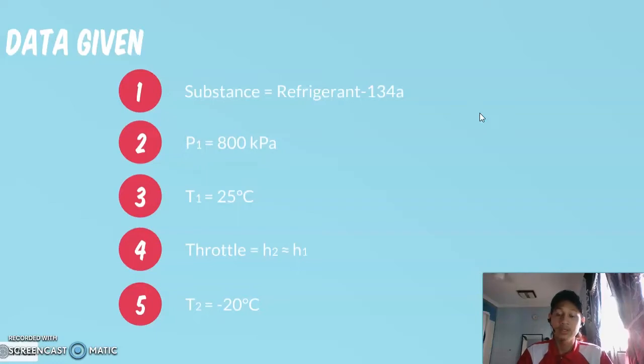Next, from the word throttle, we can assume the enthalpy at final state is equal to the enthalpy at initial state, which is H2 equal to H1. Lastly, the final temperature or T2 is equal to negative 20 degrees Celsius.